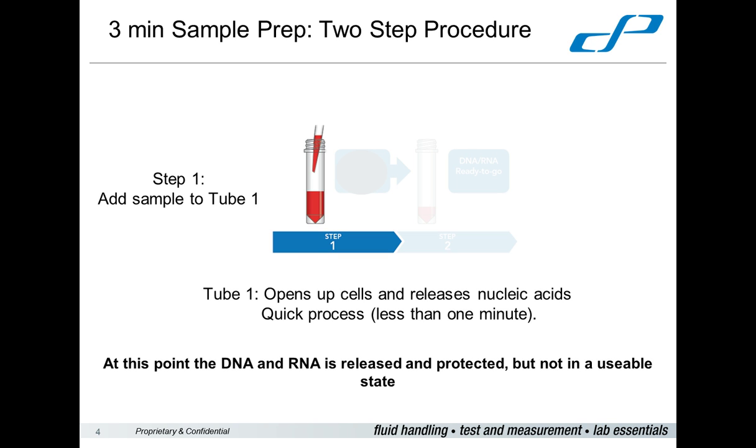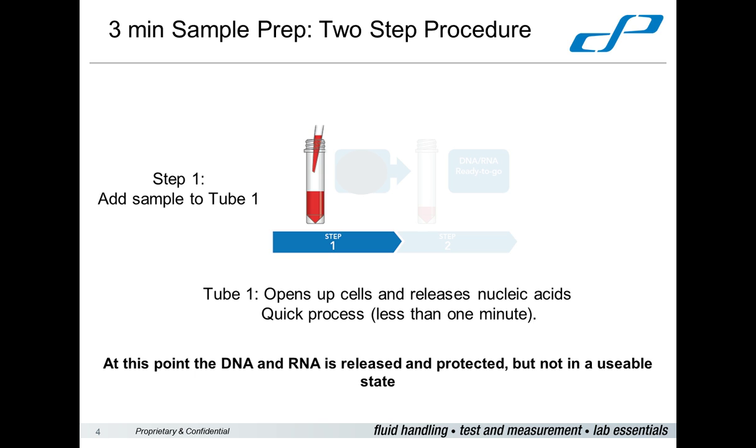If we move on to the next slide now, we're basically getting a little bit more involved with what's actually happening in both tubes. So once you take your sample and add it to tube 1, what's actually happening in tube 1? Well, everything is becoming lysed. All your membranes are being degraded and your nucleotides are being released.